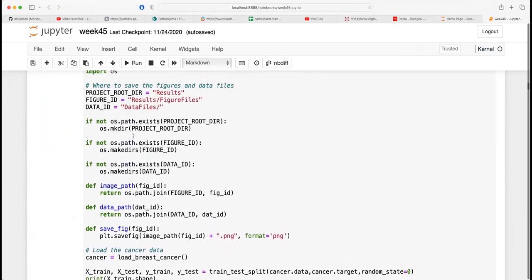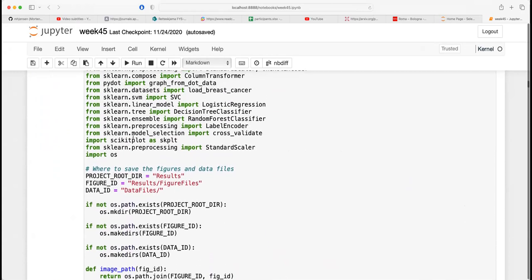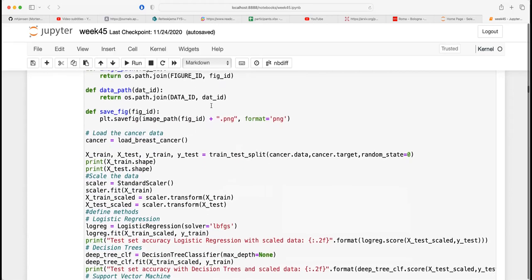You've probably seen this ad nauseam now, but I'm rerunning everything with decision tree classifiers and a random forest classifier. There is an implementation of support vector machines for classification, that's SVC, which we are going to discuss in more detail next week. And then we have logistic regression, just to give you a feel of what the different methods give us.